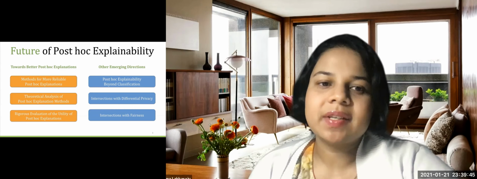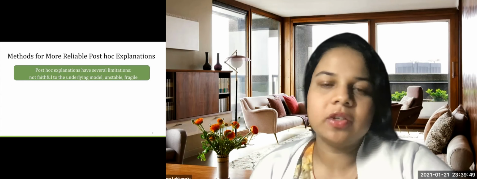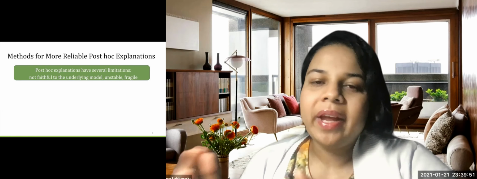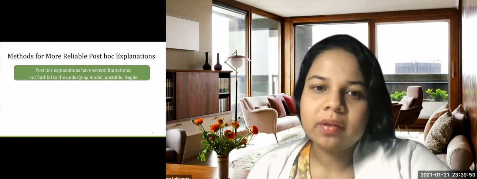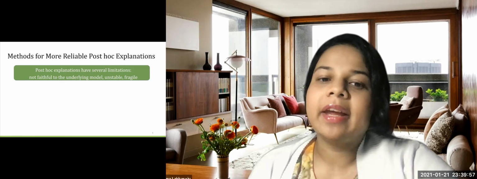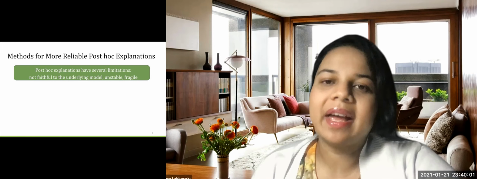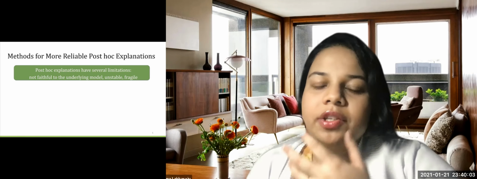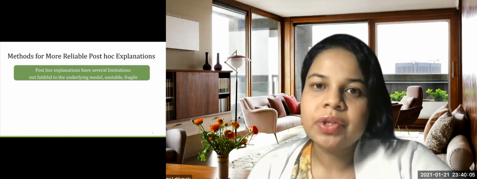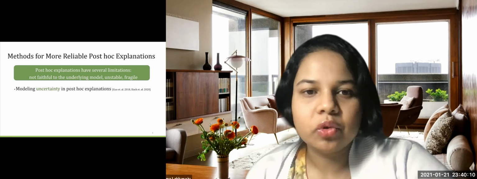Let's begin by discussing how we can develop more reliable post-hoc explanations. We have just studied in the previous section that post-hoc explanations have several limitations, like not being faithful to the underlying model, and being unstable and fragile. In order to fix some of these issues, recent literature has proposed some interesting solutions.